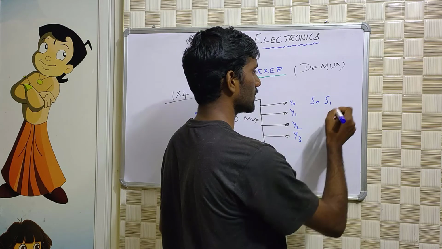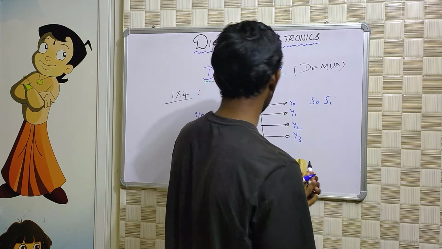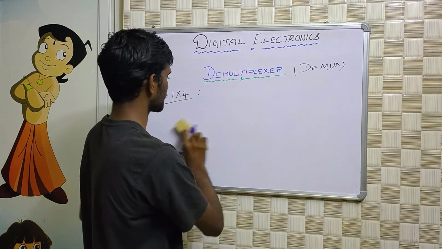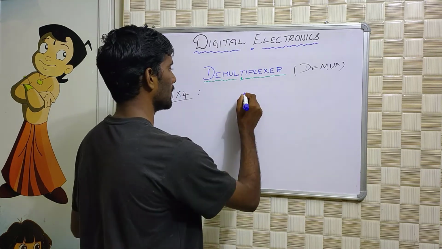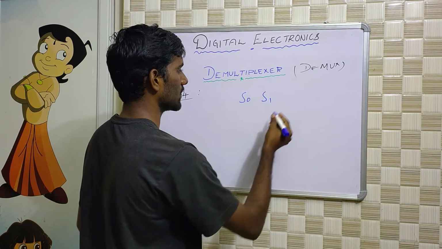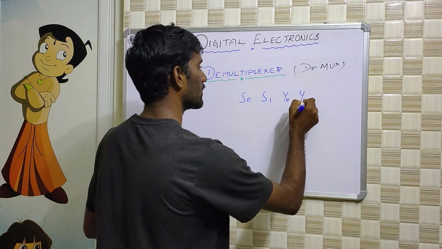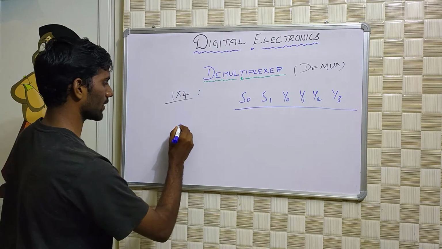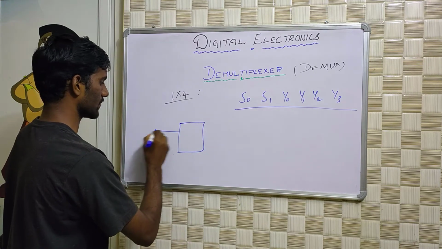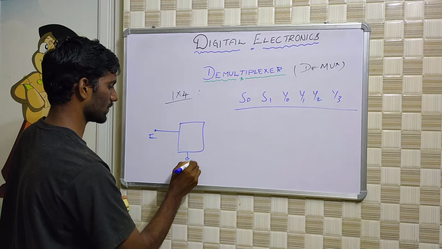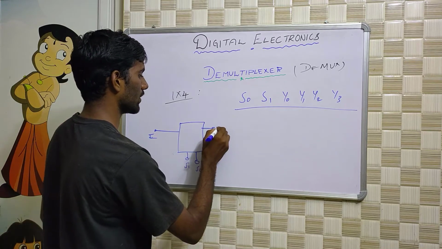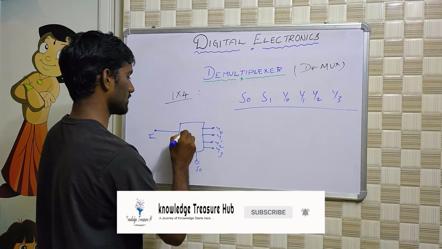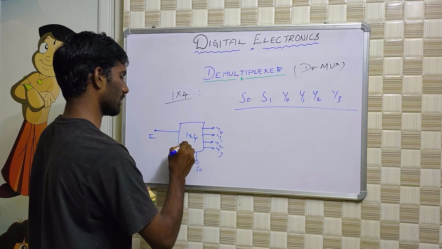So I will just draw it here. Truth table: S1, S0 and outputs Y0, Y1, Y2, Y3 for the 1 by 4 DMUX.